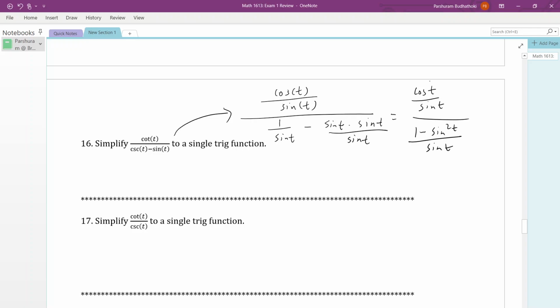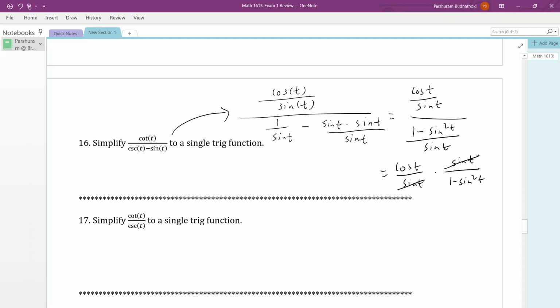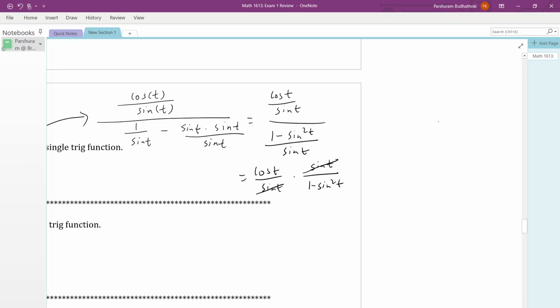Now because it's a reciprocal over reciprocal, you can just write this as cosine t over sine t times this sine t goes on the top, and this 1 minus sine square t comes on the bottom. Finally you can cancel this sine t and this sine t, but remember 1 minus sine square t means it's cosine square t.